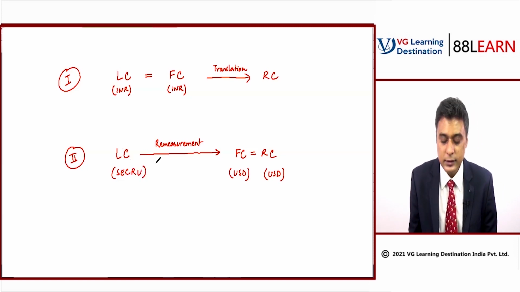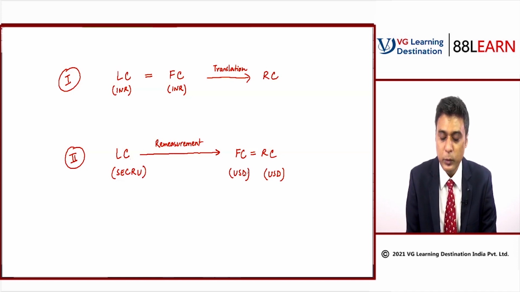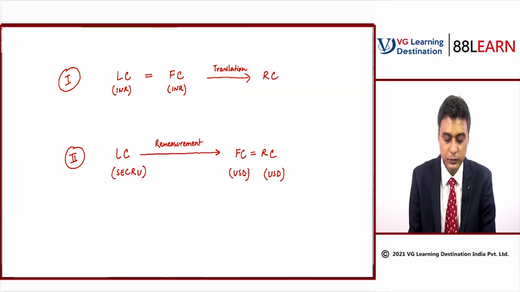So this is the local currency, and then you are converting the financials from that currency to functional currency, which is USD, and the moment you reach functional currency, you are already at the reporting currency because they are equal.